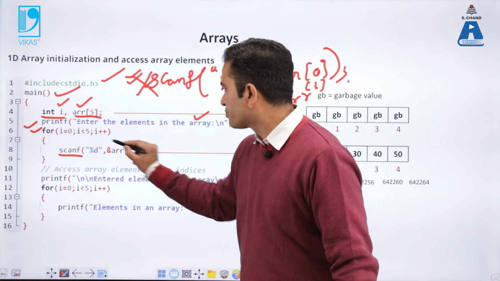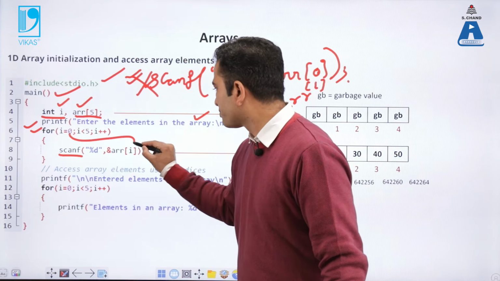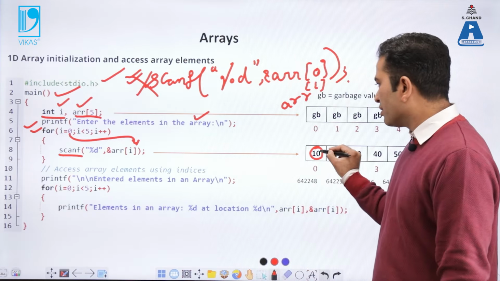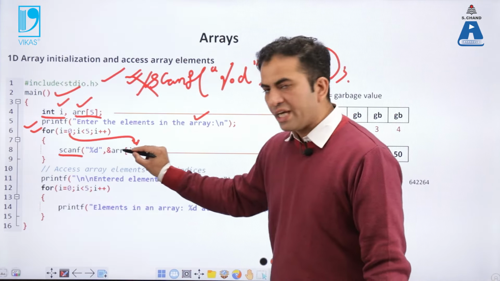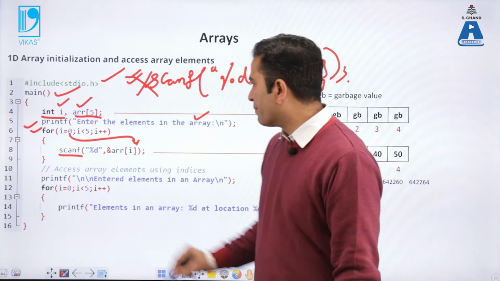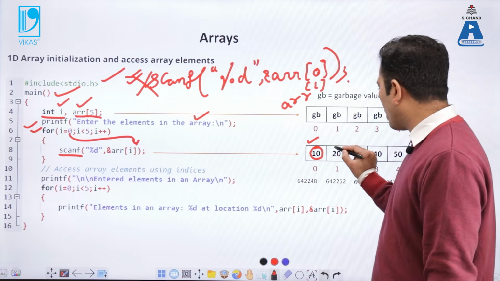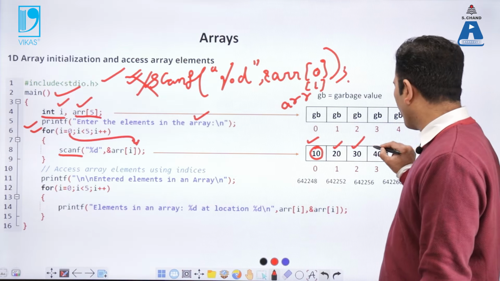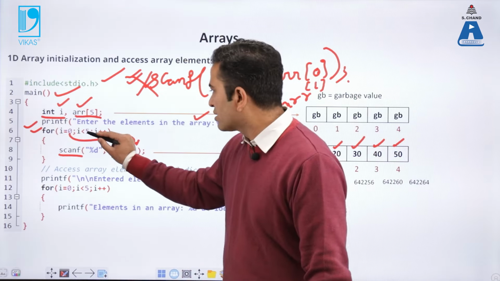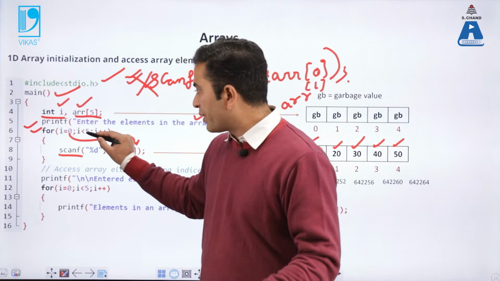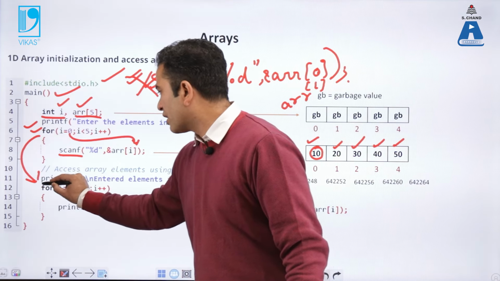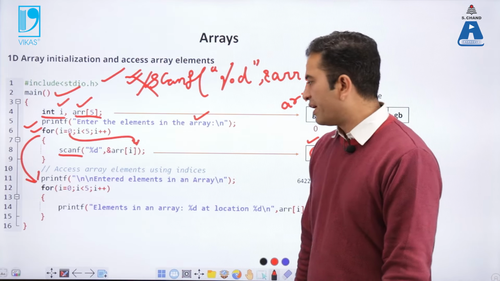When i is 0, arr[0] comes here, you have entered 10, so 10 will be saved at the arr[0] location. Then i becomes 1, then at arr[1] 20 is saved, then 30, 40, and at arr[4] 50 is saved. Then i is 5, 5 is not less than 5, the condition breaks, so my control comes out of the for loop and now it comes to this printf statement.